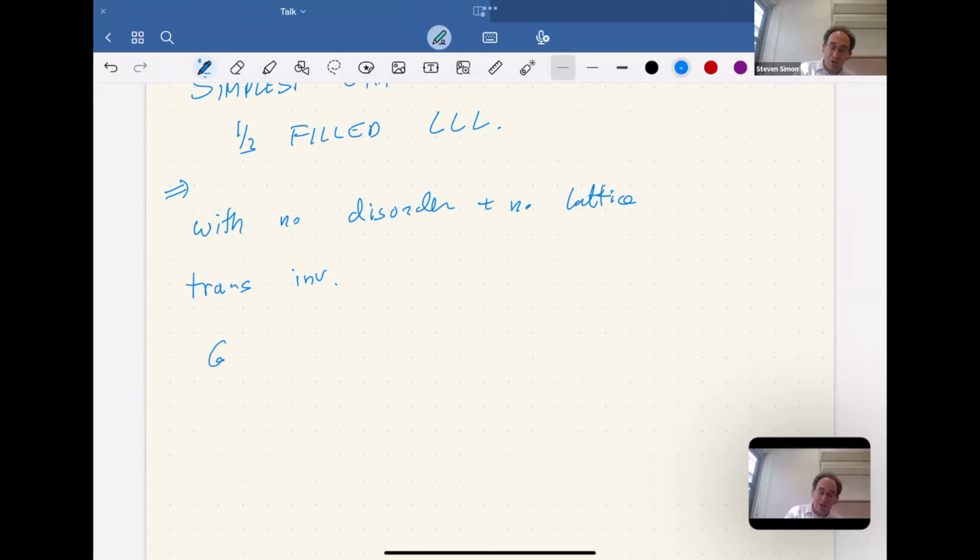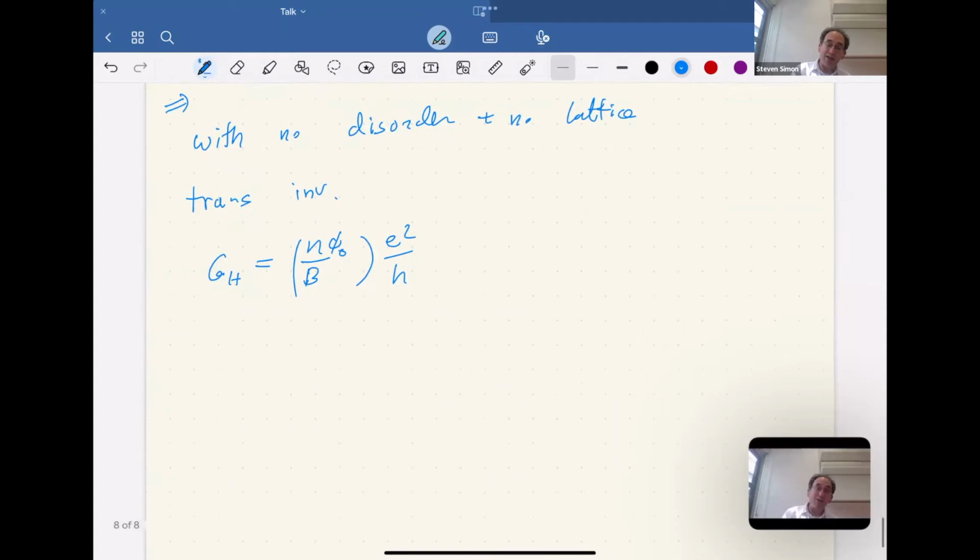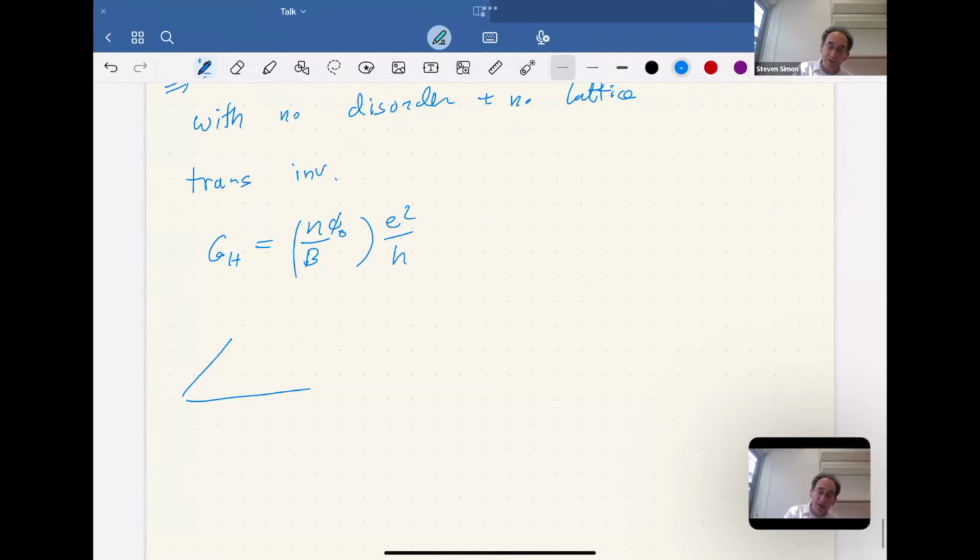And you can show that the Hall conductance is always n over B times e squared over h. And that's not quantized in any sense because the density is continuous, the magnetic field is continuous. You can change these things completely smoothly. And the argument for this being true comes from just Galilean invariance. So let's show why this is true.